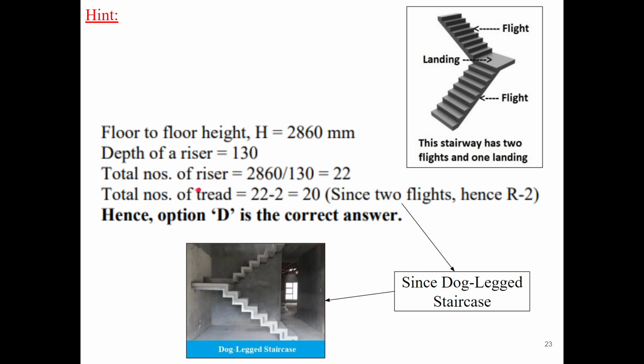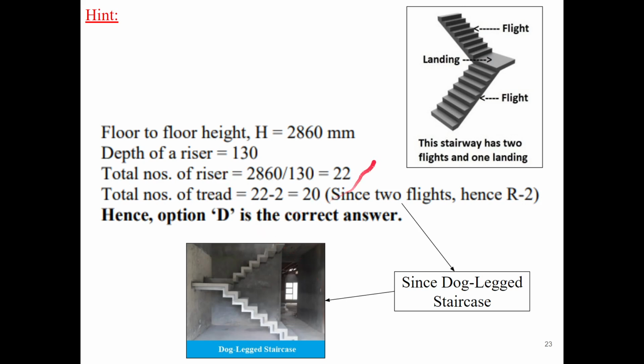Now the relation between riser and tread: for one flight, the number of treads is the number of risers minus 1.